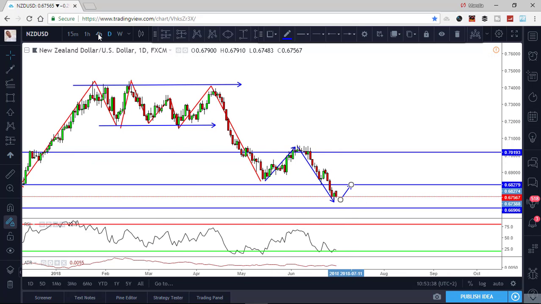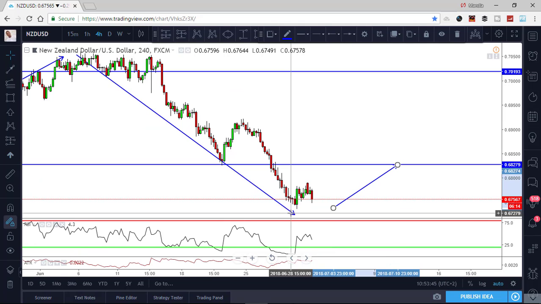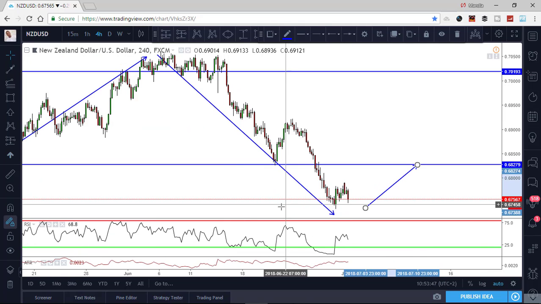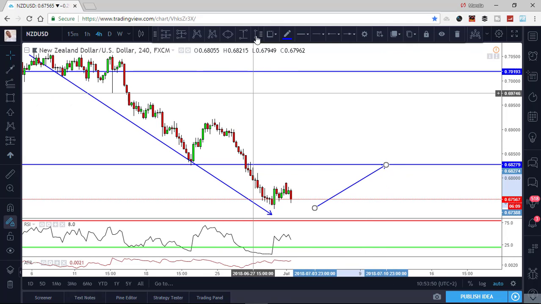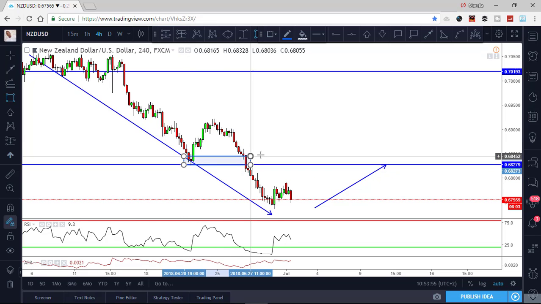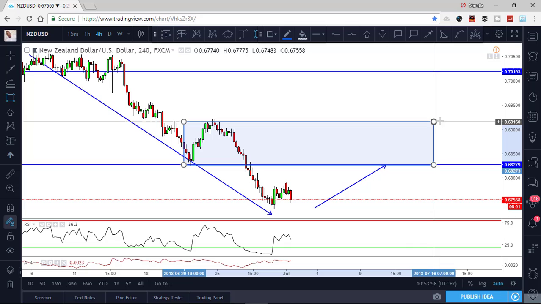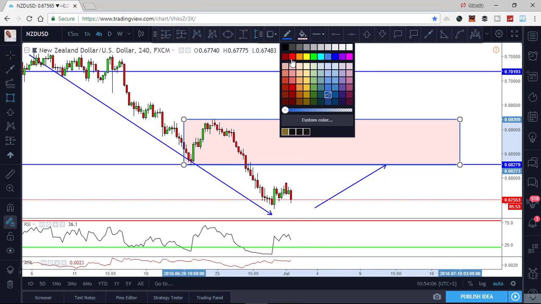Now, as I go down to my lower time frame, which is my 4-hour time frame, what I'll be looking for is a potential kill zone. As you can see, it's pretty big. My kill zone would come from our previous support right here to our resistance right there. Let me change the color of that one.